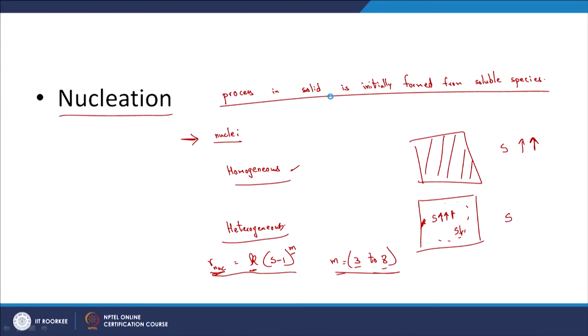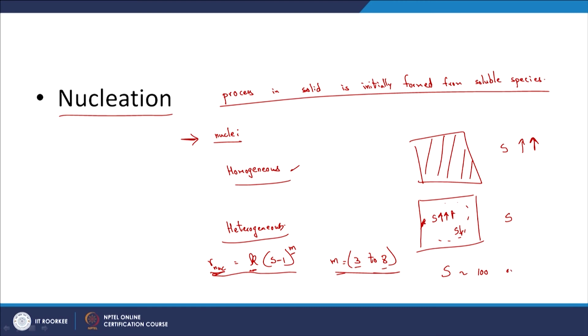But just because Q is greater than KSO and S is, let's say, 1.5 or 1.1, so here it says (1.5 minus 1) to the power 3 and such, does that lead to considerable rates of nucleation? No. What it more or less translates to is that for nucleation to occur, you initially need remarkably high concentrations, or remarkably oversaturated solutions, as in S needs to be around 100 or 1000.